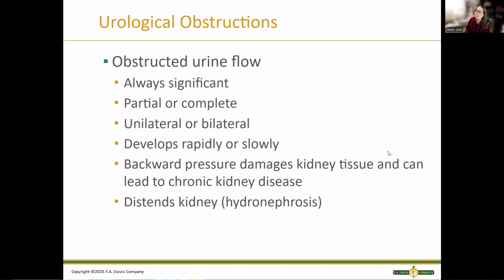And if left untreated, that can cause chronic kidney disease. But in the short term, if you've had urological obstructions for a couple of days that has been going untreated, it could cause a condition called distended kidney, known as hydronephrosis, which we will talk about in a later slide as well.